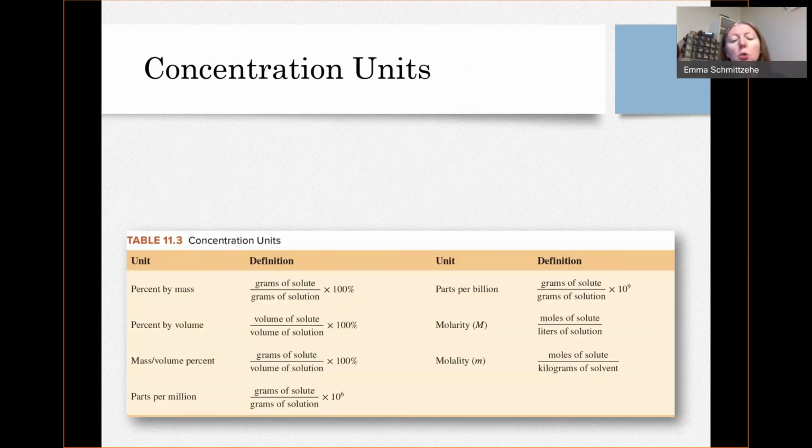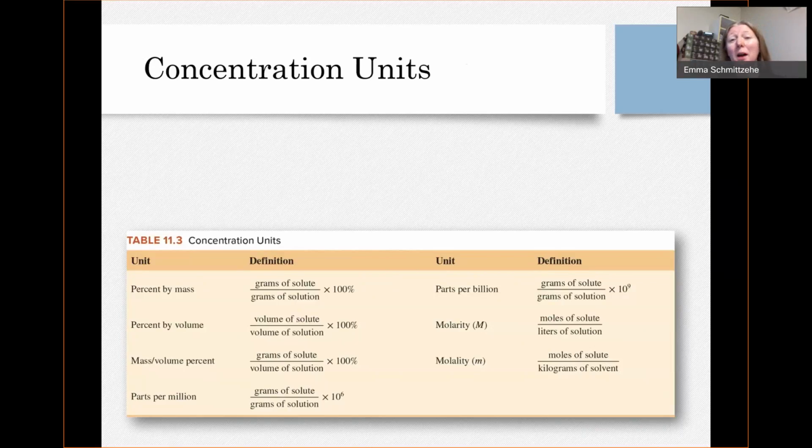Usually, if you're not told and it's one of these things where you divide two things and multiply by 100 or by 10 to the 6th or 10 to the 9th, then if you're not told otherwise, it should be by mass. Percent by mass explicitly tells you, but some people might just say percent concentration and they mean percent mass.